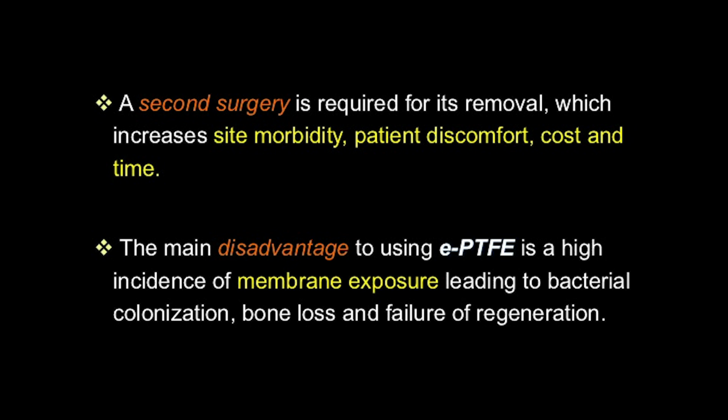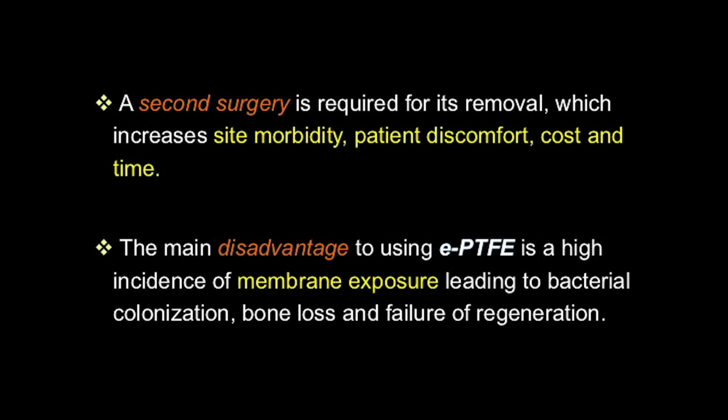The main disadvantage of using the non-resorbable membranes is a high incidence of membrane exposure, leading to bacterial colonization, bone loss, and failure of the regeneration at the site of augmentation. They come in two forms, EPTFE or DPTFE.